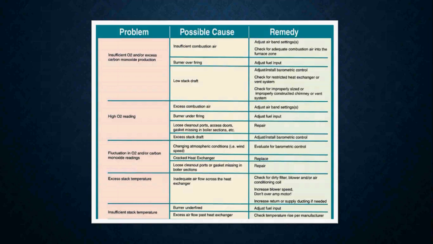For example, if you have a unit that's running with a high O2 reading, you can have combustion air problems. The burner is under firing, so maybe you might want to look at your pump pressure or the size of the nozzle in the furnace. You might have loose clean-out ports, an access door that is not secured correctly, or a missing gasket or something like that on the burner that could be causing these issues.